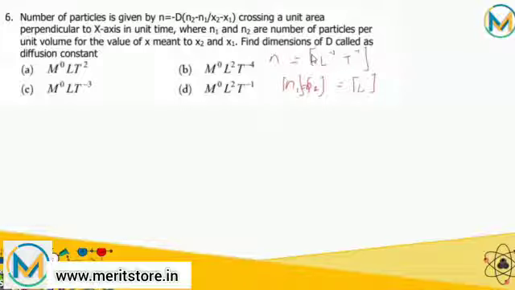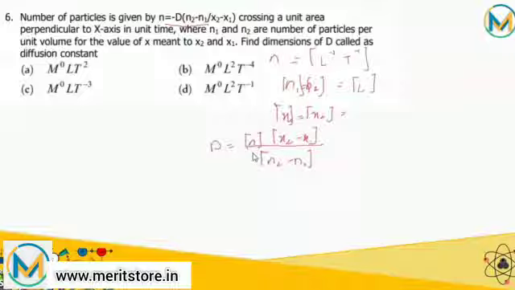X1 and X2 are positions, so their dimension is L. Now if we rearrange this formula, it becomes D is equal to n times x2 minus x1, the whole upon n2 minus n1.